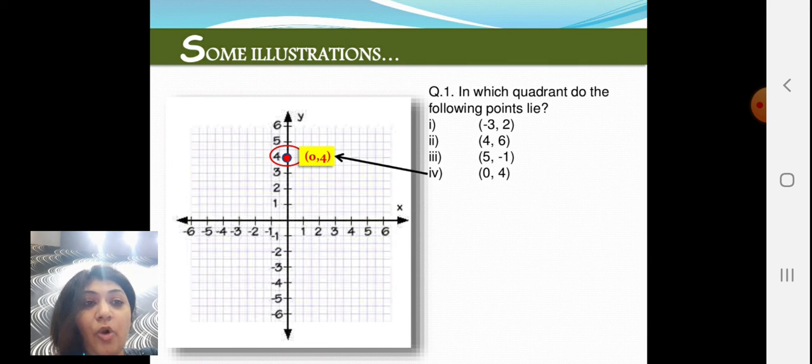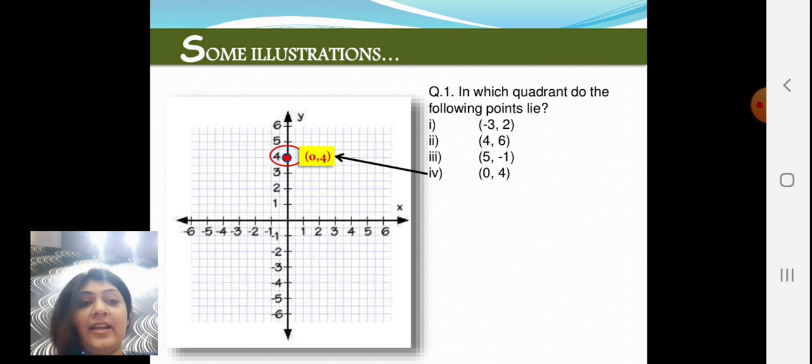Here, in which quadrant do the following points lie? Now remember, (-3, 2). So abscissa is negative and ordinate is positive.